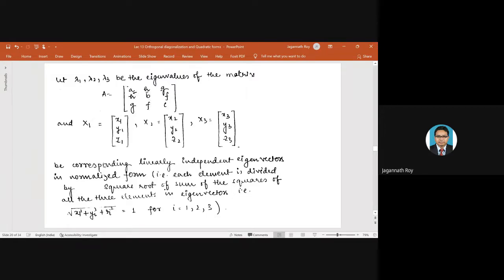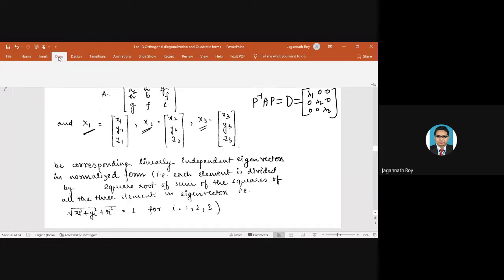Then we take the corresponding linearly independent eigenvectors for this matrix. If you remember, P inverse A P will be a diagonal matrix, and the diagonal will be lambda 1, 0, 0, 0, lambda 2, 0, 0, 0, lambda 3.